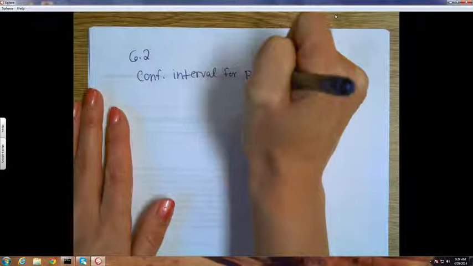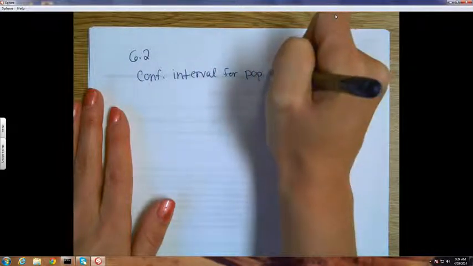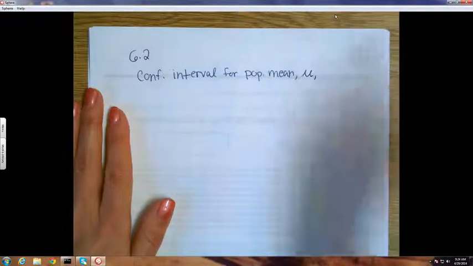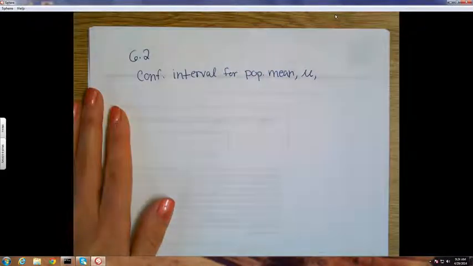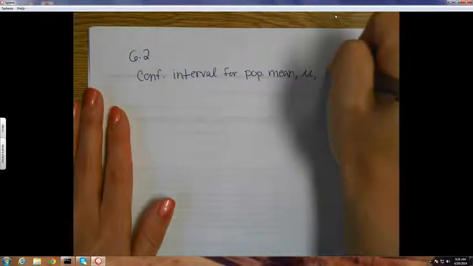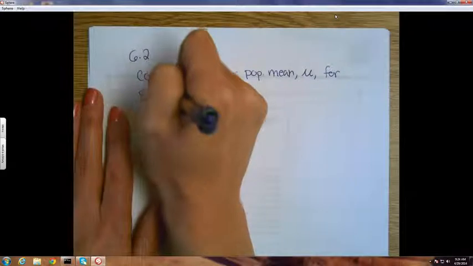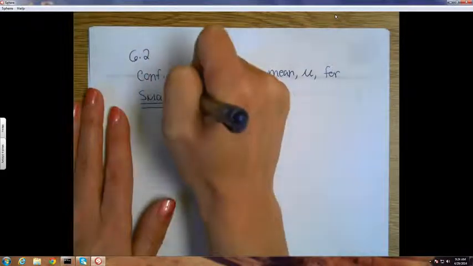All right, this section, we're still going to do confidence intervals for population means. Confidence interval for population mean, mu, but this time there are going to be small samples.